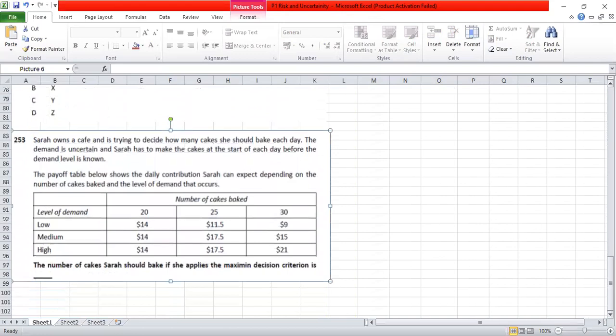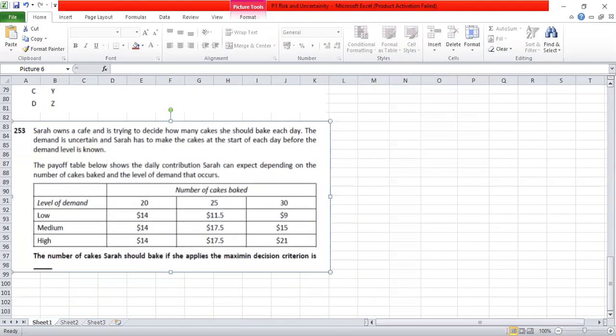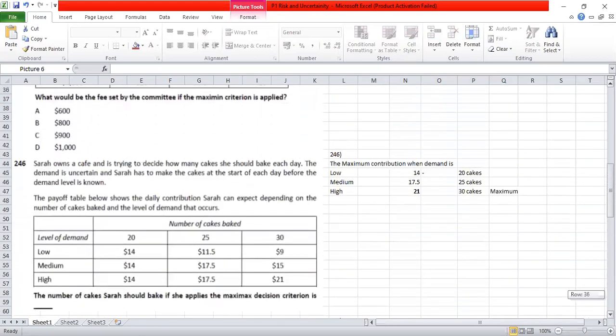So first, identify what the minimum returns are. Then from among the minimum returns, the minimum contributions, select the one which has the maximum. I copy this.